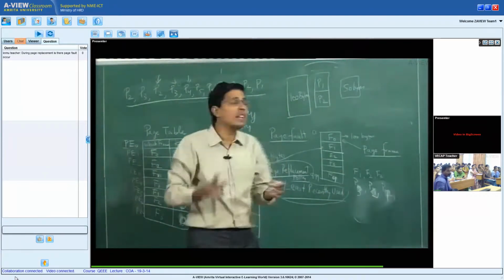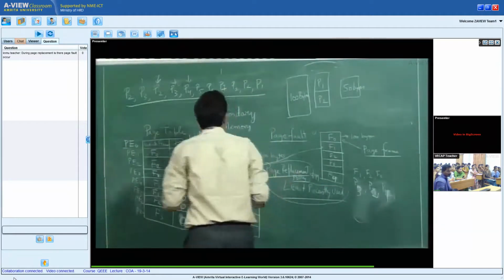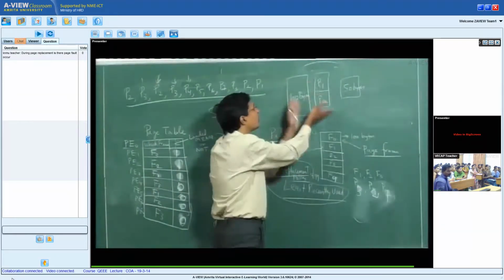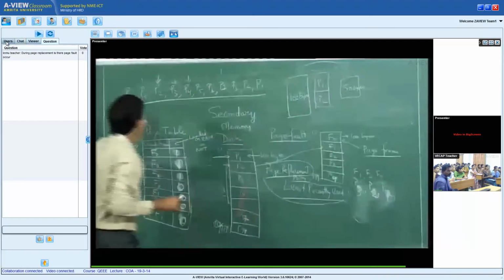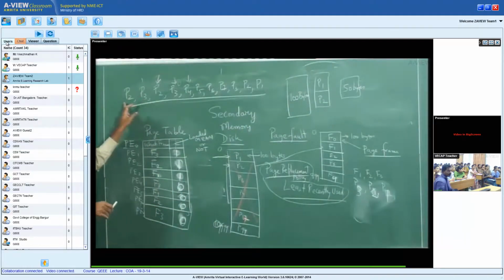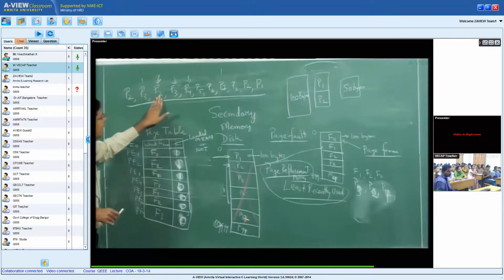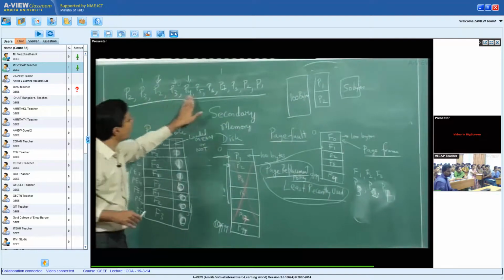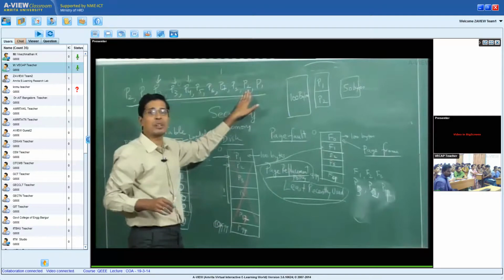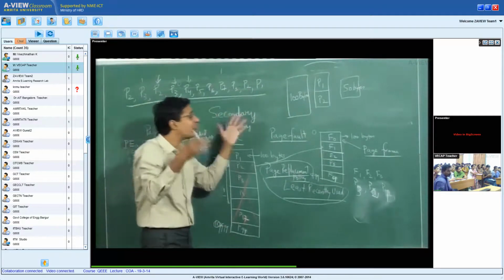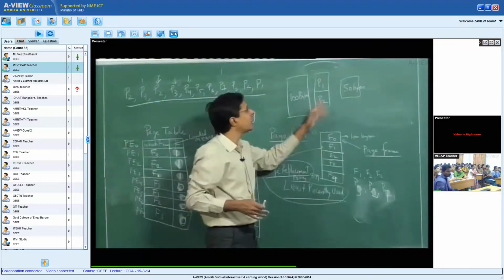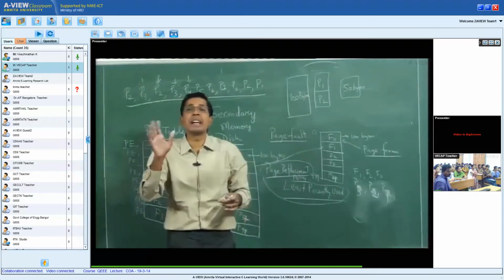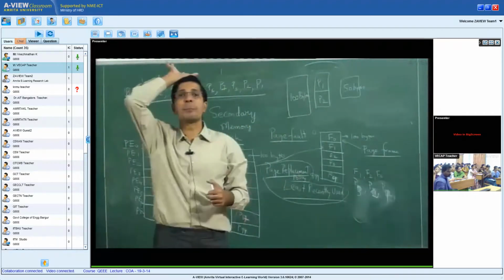The difference between that and the current thing is that I can't go back and forth between P1 and P2. Please note here, I did go back and forth between P2, P3. I started with P2, I went to P3, again came back to P2, then I did lot of things on other pages, again I came back to P2. This type of a thing is not possible in this because it is handled by the compiler at the stage of compilation.